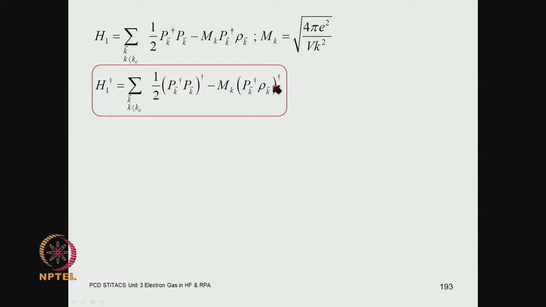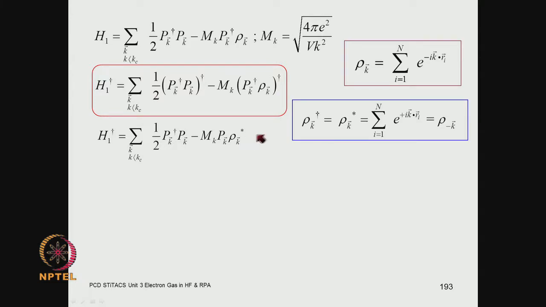So, you take the adjoint of this, and what is it? You get p dagger pk over here, right? Over here you get mk, pk and rho k star. Now, this is rho k, this is rho k star.